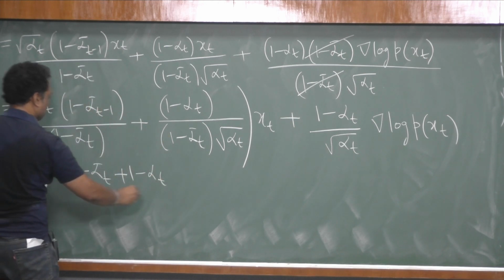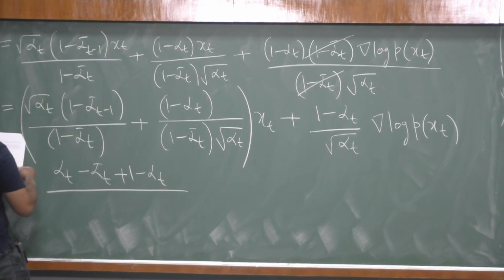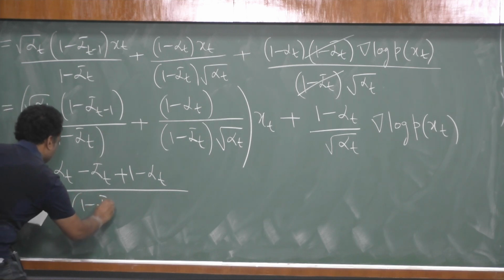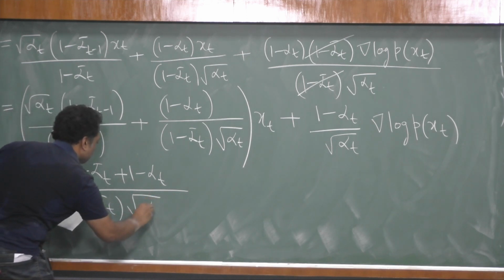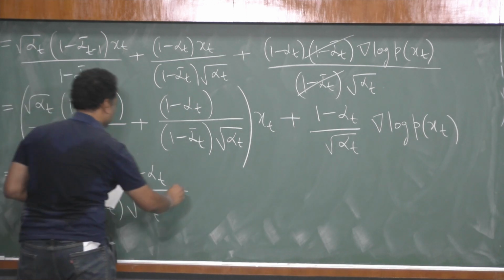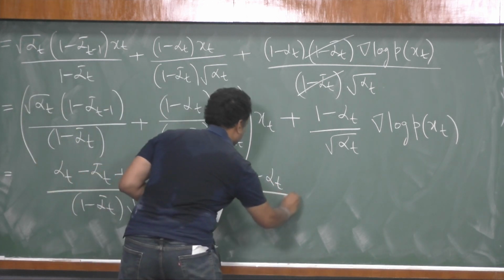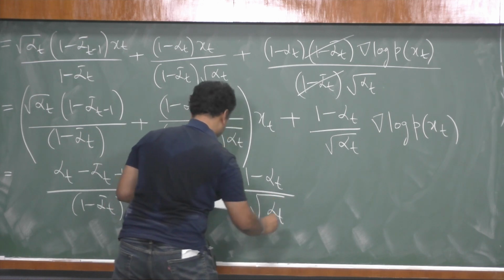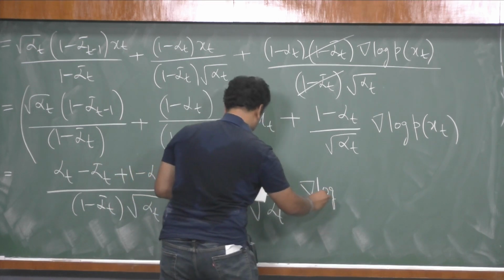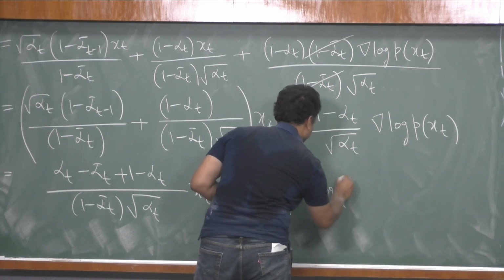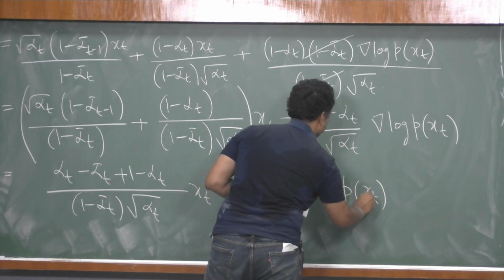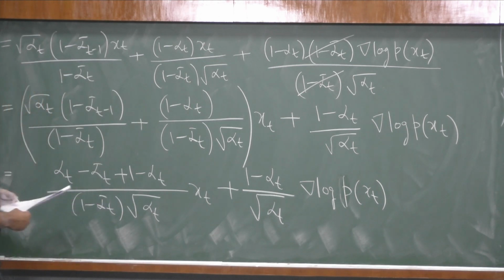So there are these simplifications, and then divided by 1 minus alpha bar t and square root of alpha t, xt, and then plus the last term, alpha t over square root of alpha t, grad log of p(xt). You can do this simplification, multiply in that, and you get this, and then further there is cancellation happening here. So this is very similar to the previous derivations that we did.